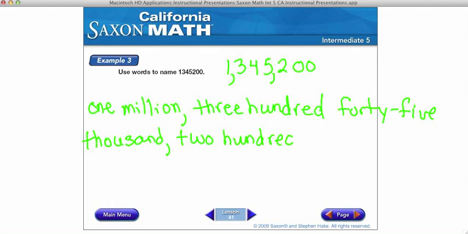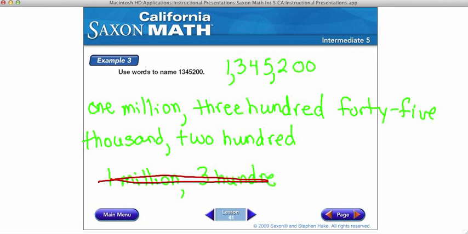Now, notice I am writing out my actual number words: one, three hundred forty-five, two hundred. I'm writing those out. I don't want to see "1 million 300." Okay, that's cheating. You need to write the entire words. Okay? All right, example 4.